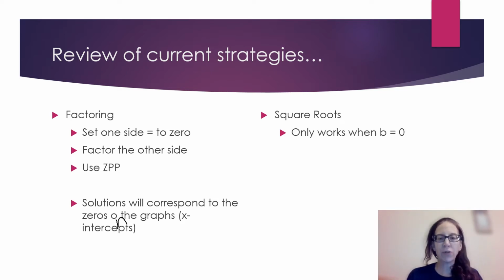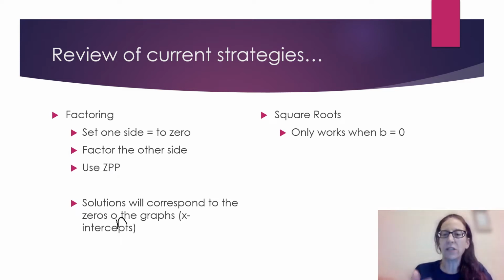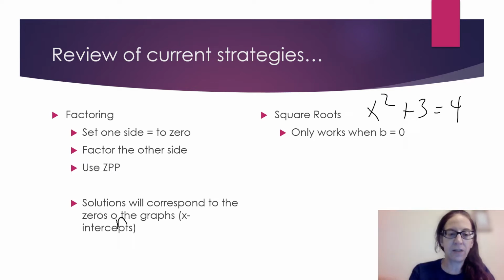Now square roots is one of those strategies that is not always covered, and the main reason it's not always covered is because it only works when b is equal to 0. So for example, if you had x squared plus 3 equals 4, there's no b value in that. And just in case we're not remembering, you have ax squared plus bx plus c.